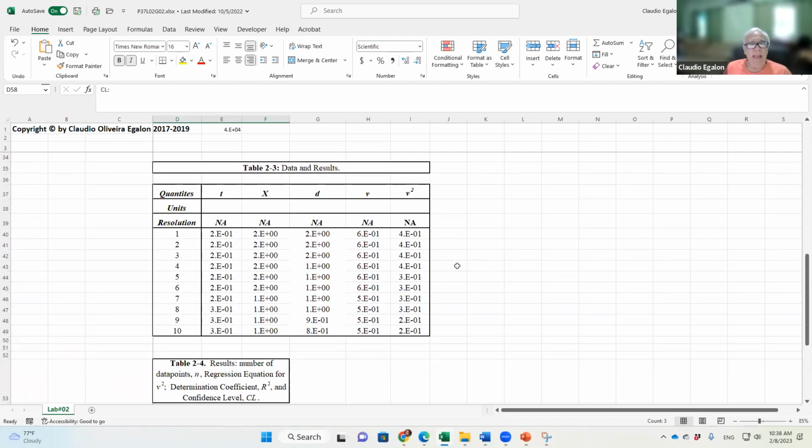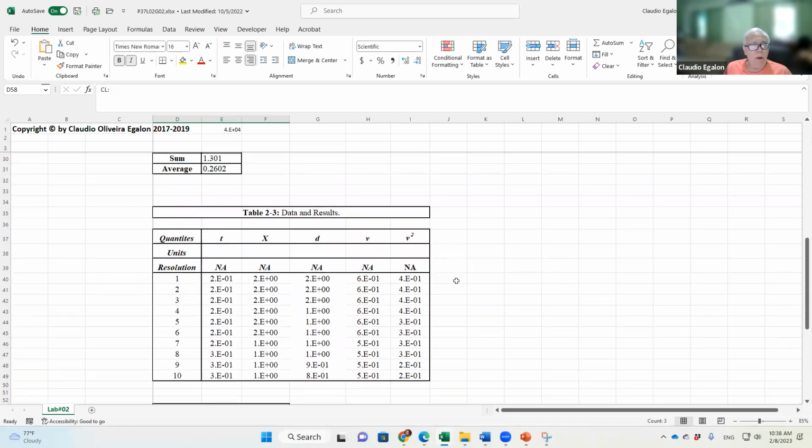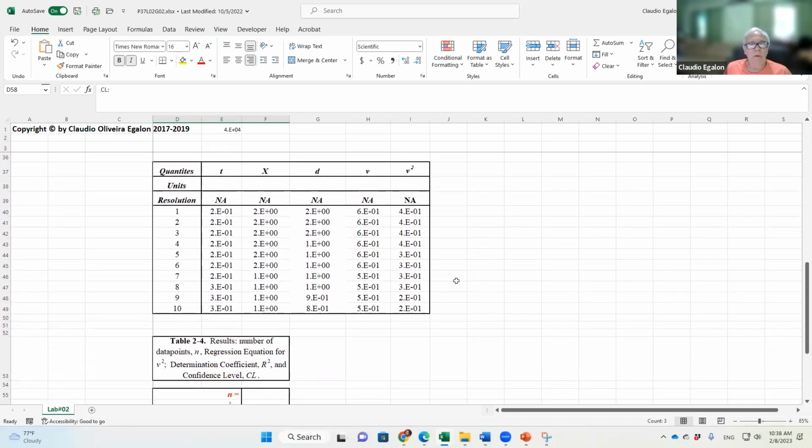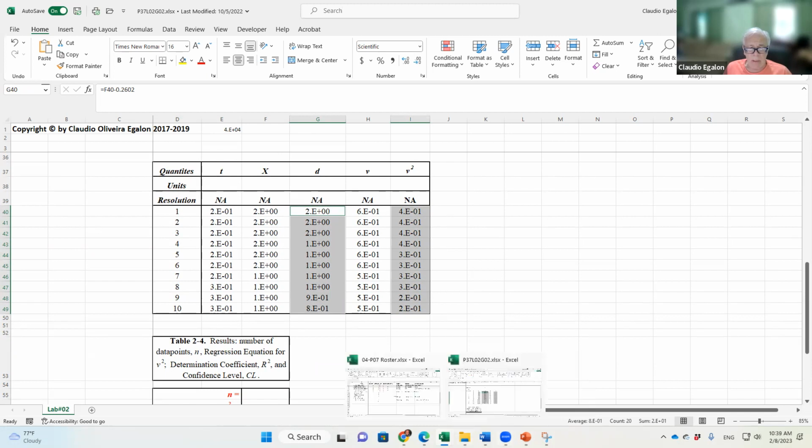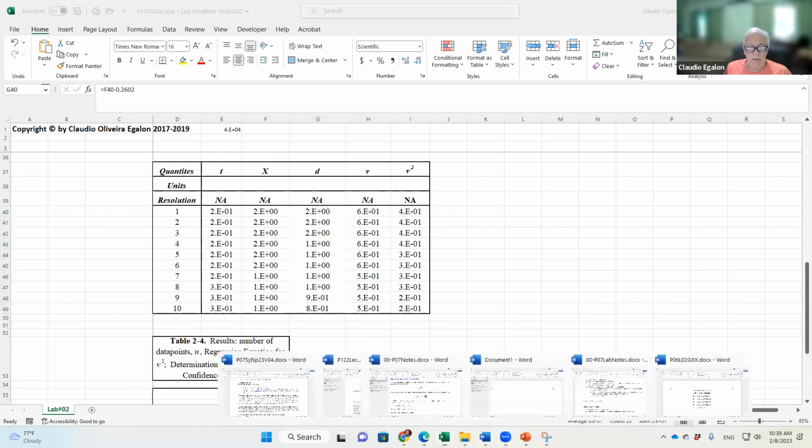In this specific case, what you're required to do was to plot a graph of V squared against D. That's what you're supposed to do in this specific experiment. I'm going to walk you through. In case you do not know how to plot graphs, you will need to learn how to do that. And I spelled that out in my syllabus as well.